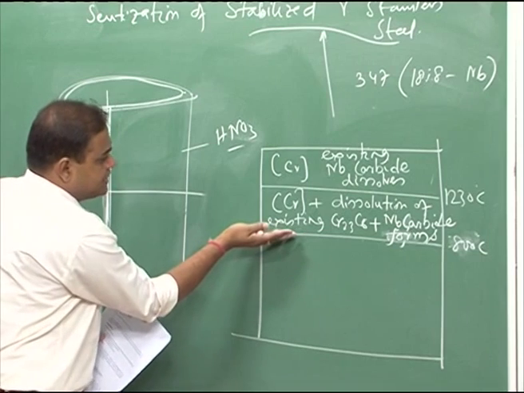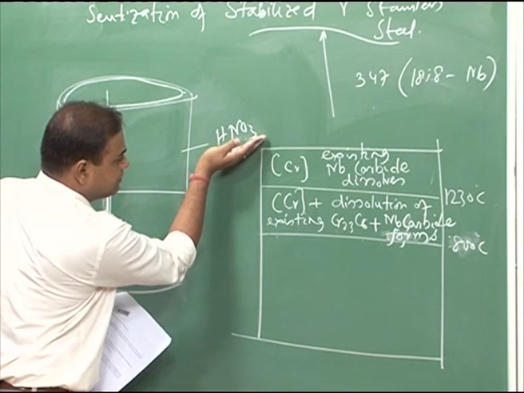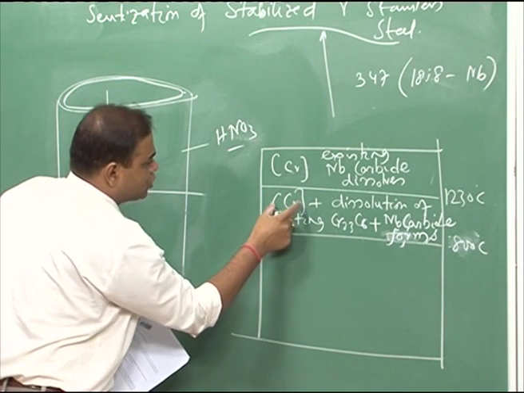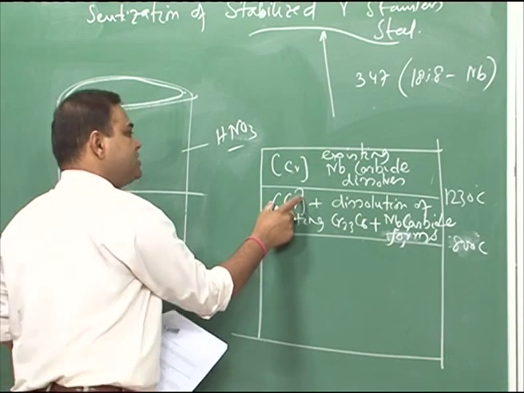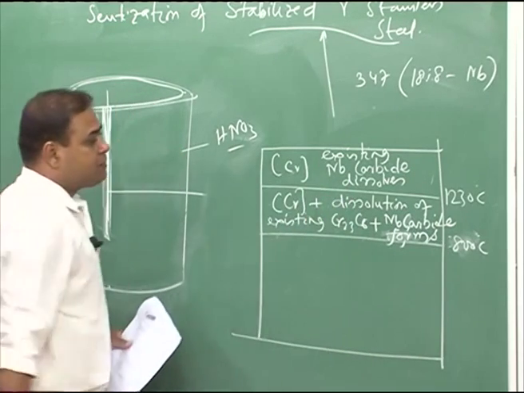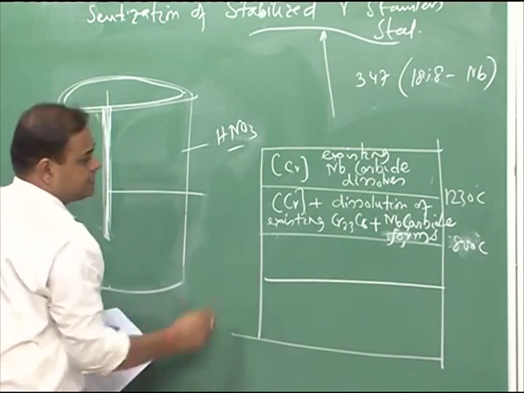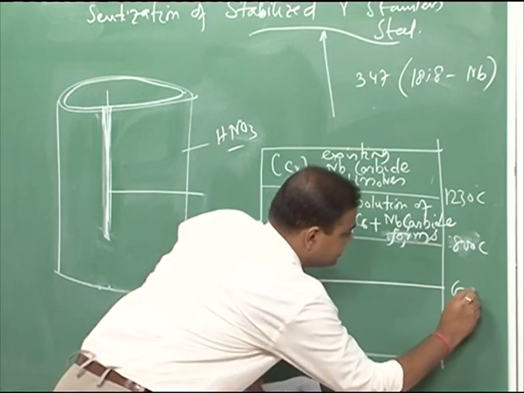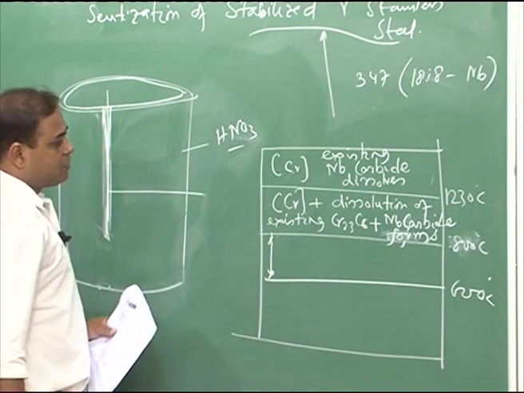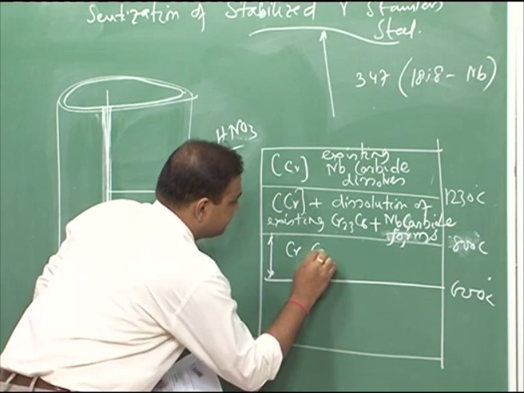So, if the steel is heated beyond this temperature zone, niobium carbide would dissolve and chromium also would remain in solution, and if we are in this temperature zone, chromium would be in the dissolved condition, and if there is any trace of chromium carbide, that would also dissolve and niobium carbide would form. And if the temperature zone is 600, in this temperature zone, if we cool it very slowly, the dissolved chromium would again form chromium carbide.